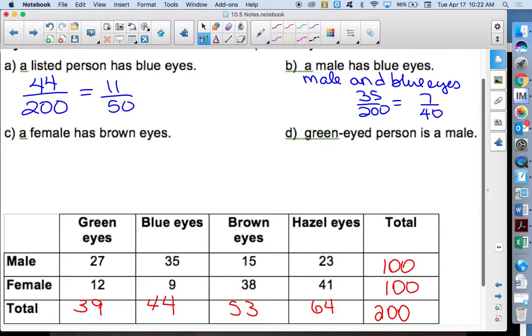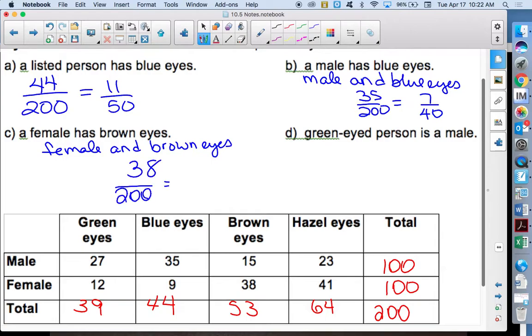So we're looking for the males who have blue eyes out of the total number of people we have to choose from, which is 200. Letter C, same type of question, except we're looking for females and brown eyes. So Nick, how many females have brown eyes? 38 out of the total of 200 people in our survey.